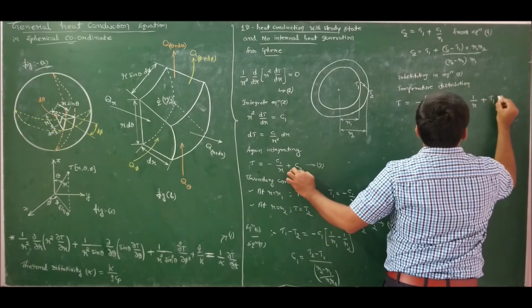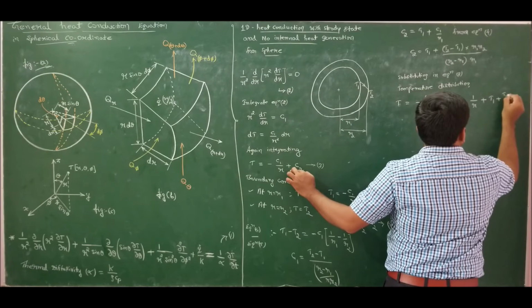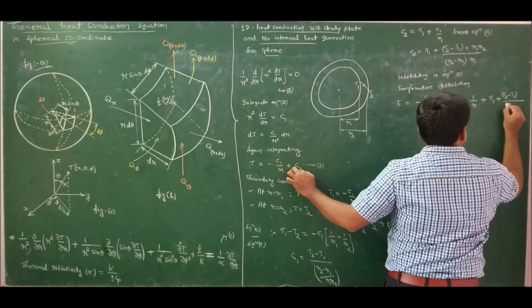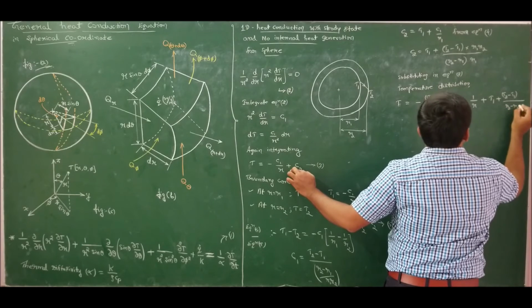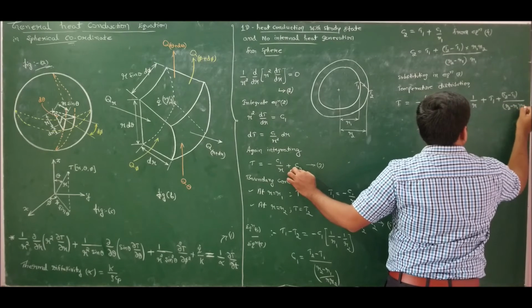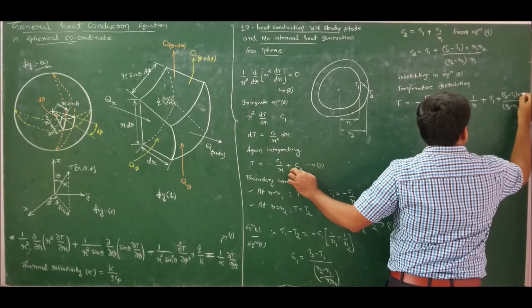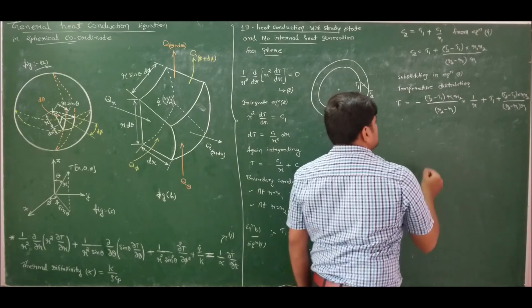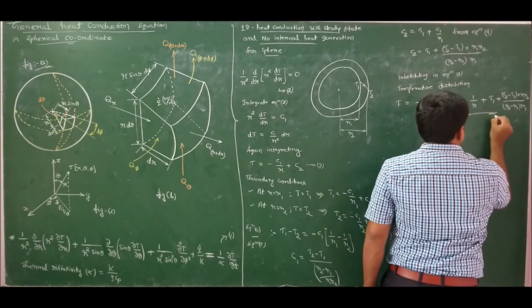C2 is T1 plus T2 minus T1 whole divided by R2 minus R1, with the numerator multiplied by R1 R2. So this is the expression for temperature distribution.